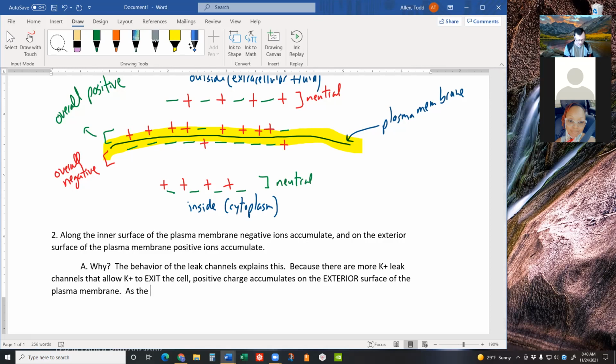As the positively charged potassium ions leave the cytoplasm, the inner surface becomes negative due to the absence of the positive charge.